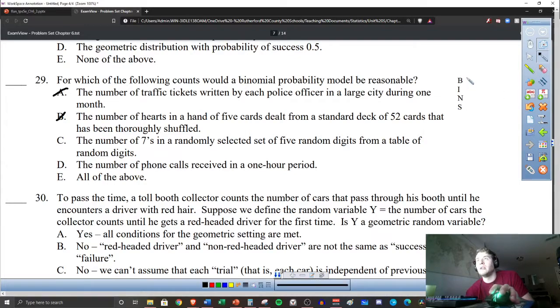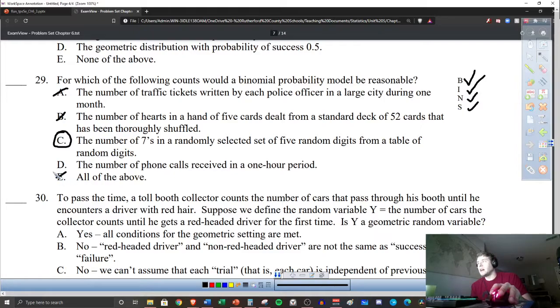First off, it's binary because you have success or failure: you get a 7 or you don't. These are random digits, so one digit does not affect the next, so they're independent. Set number of trials: you're going to take 5 random digits. And the probability should be the same. It's 1 out of 10, because it goes from 0 to 9. This one is good so far.